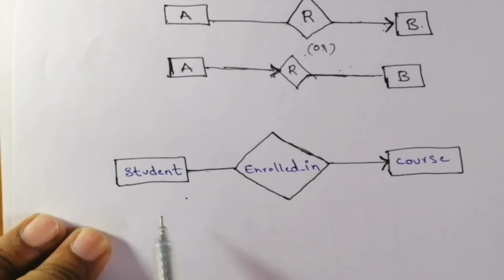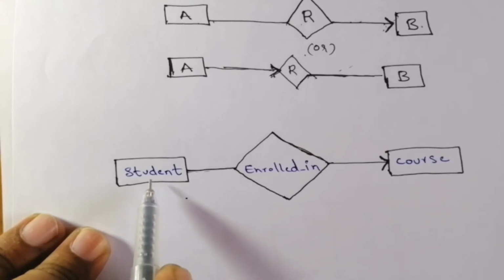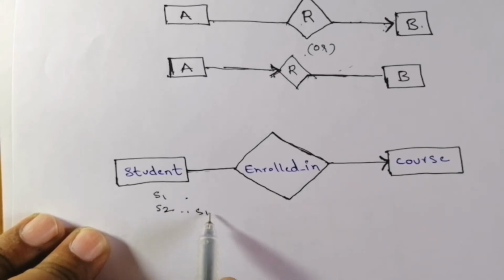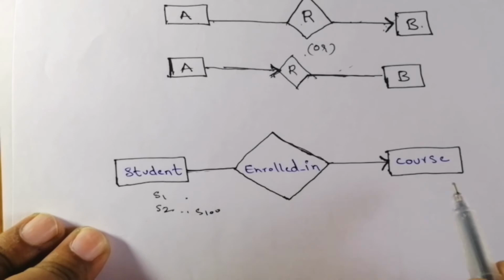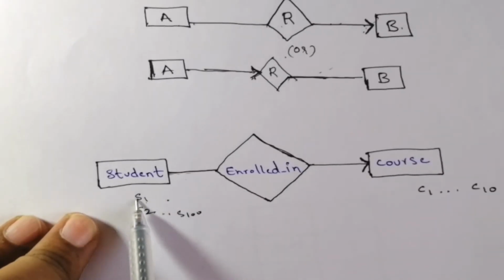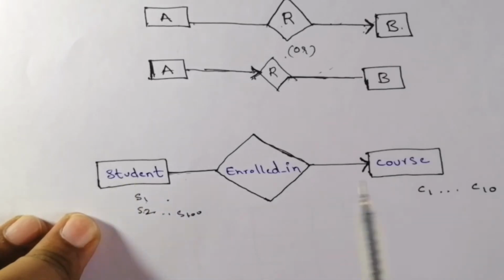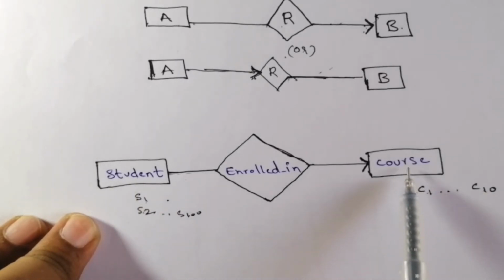Now suppose I have student entities S1, S2 up to S100, as we have taken previously, and courses from C1 to C10, right? These S1 to S100 are the entities of the entity set student. In the same way, C1 to C10 are the entities of the entity set course.